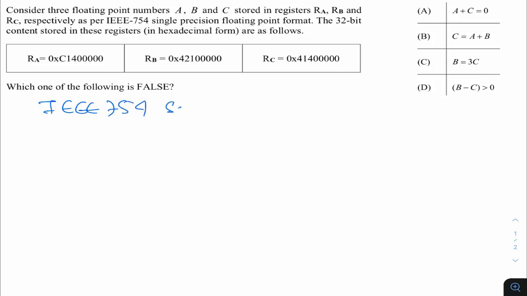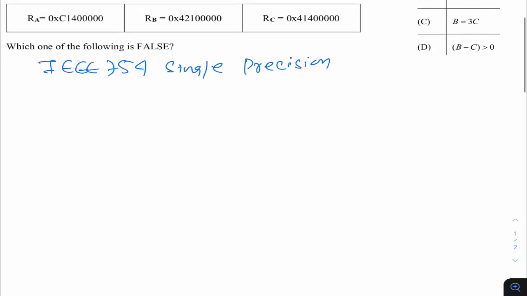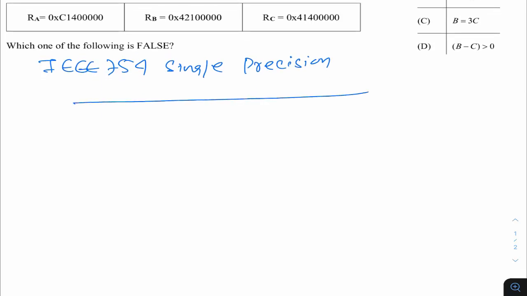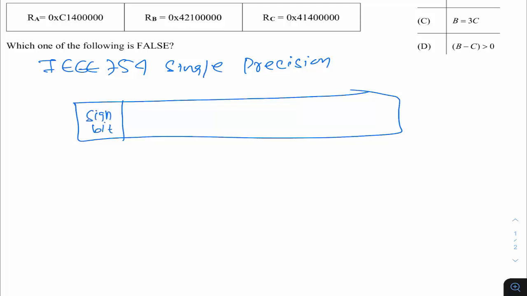Let me show you the pattern of these 32 bits. This is your sign bit, which is 1 bit. If it is 0, the number is positive. If it is 1, the number is negative.